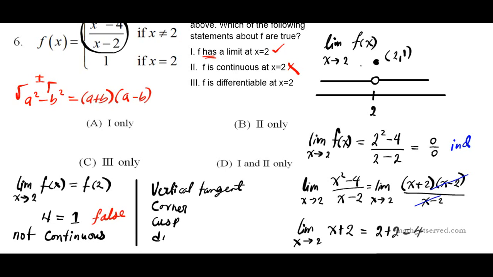A discontinuity. So a condition for differentiability is continuity. Since the function is not continuous at x equals 2, guess what? The function is automatically not differentiable there, because you can't differentiate a function at a discontinuity. The only statement that is true is statement number 1. Answer is option letter A.